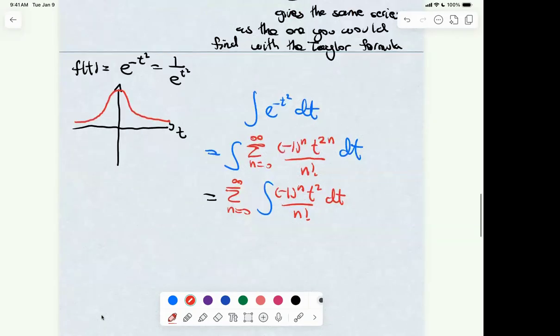And then that is easy to integrate. What is the integral of t to the 2n? You just add 1 to the exponent and divide by the new exponent, and then you're done.